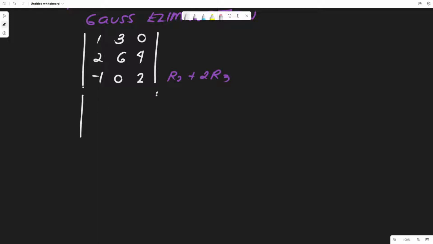So we have here 1, 3, 0, 2, 6, 4. So 2 plus negative 2, so that is 0. 6 plus 2 times 0 is 6. Then we have 4 plus 2 times 2 pala rather. So 4 plus 4 is 8, no? The next dito tayo. So we have 2R1 minus R2.